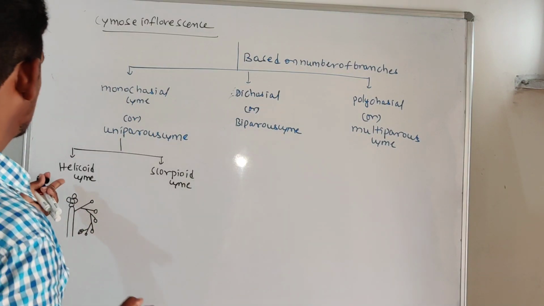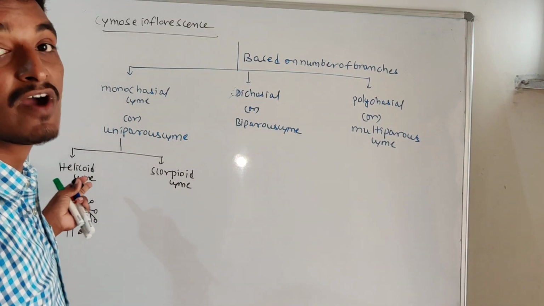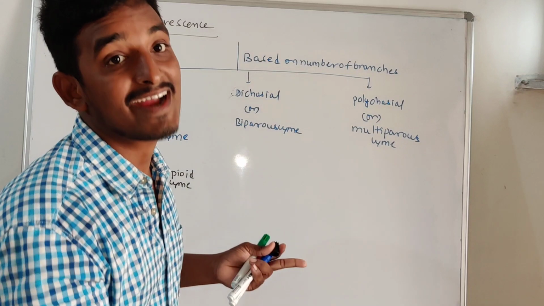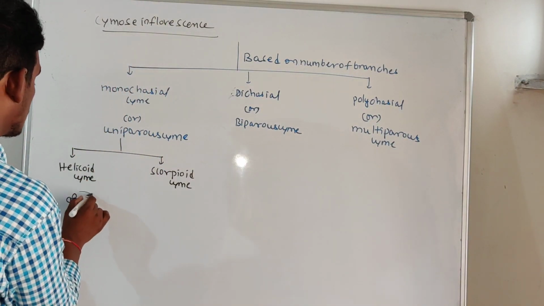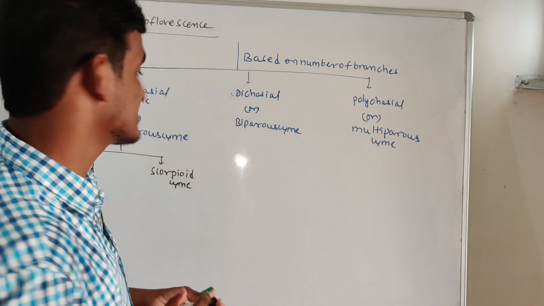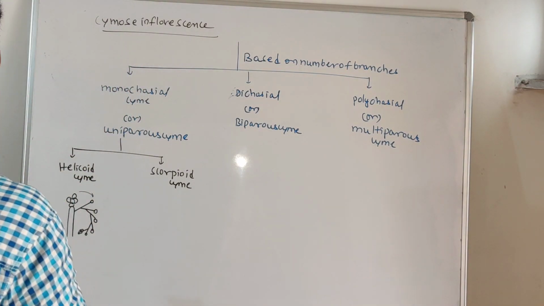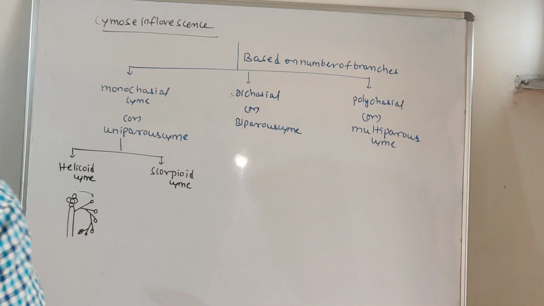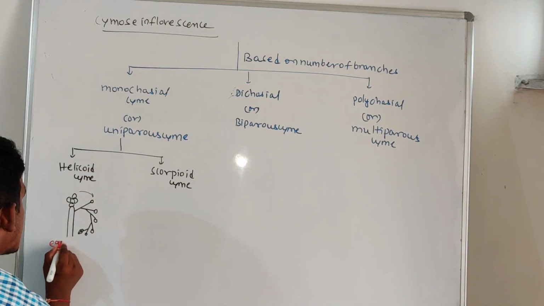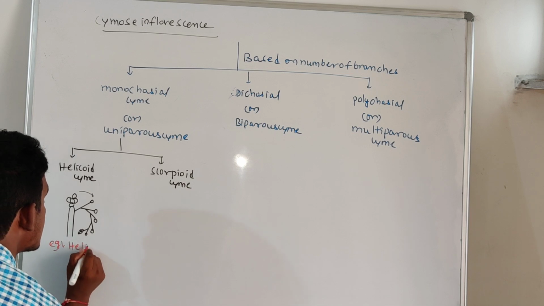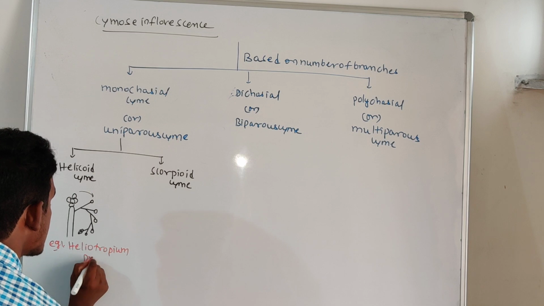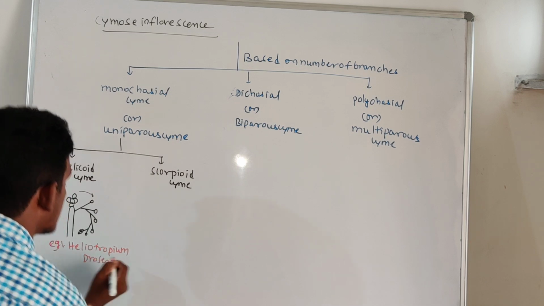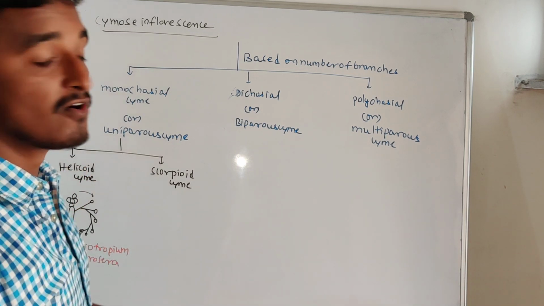That type of cyme is what we call a helicoid cyme. It may be on the right side or the left side, but if it is in one direction, we call it a helicoid cyme. An example for this is Heliotropium. These are examples of the helicoid cyme.